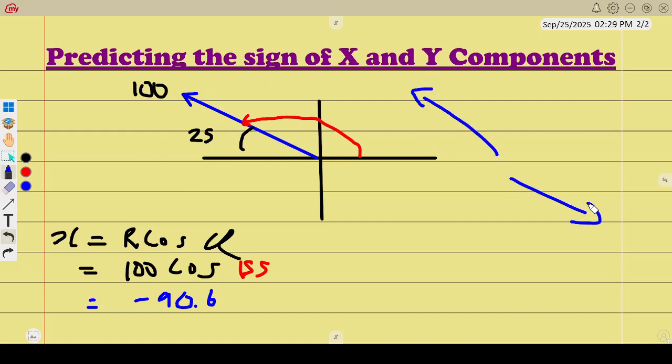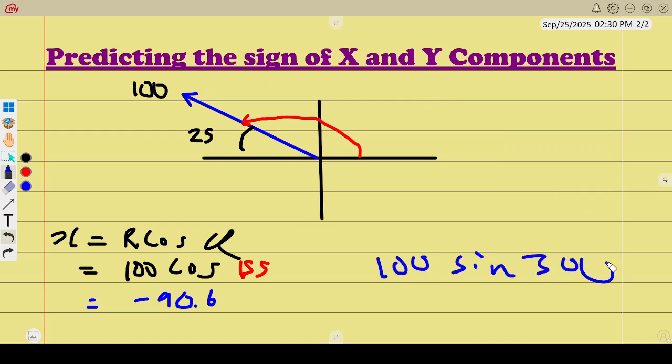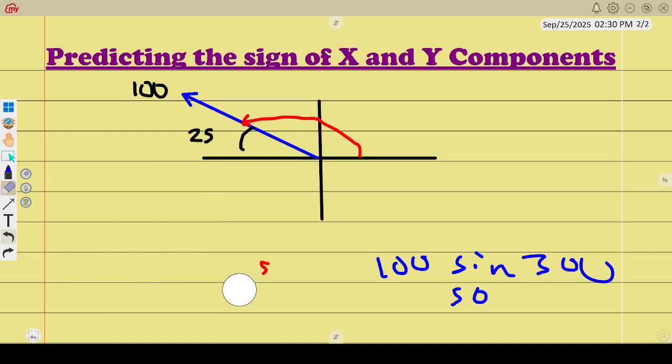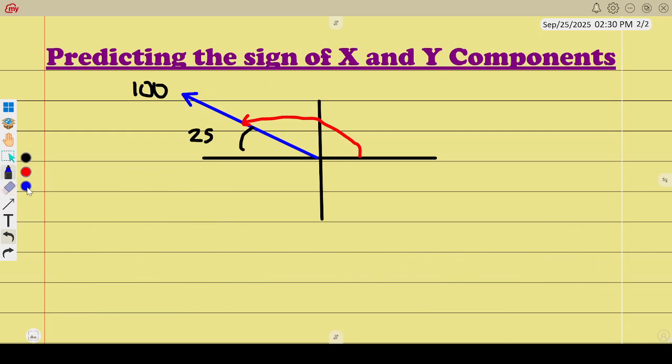It's not going down. So for the y component, if you calculate, it's going to be positive. So 100 sine 155. When you do that, you are getting positive 42.3. Meaning in the y-axis, it has moved upwards. This is something quite useful. If you see you have calculated a different sign, just know that you are wrong somewhere.